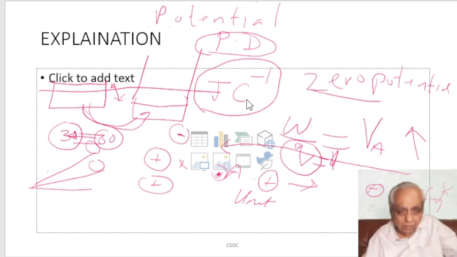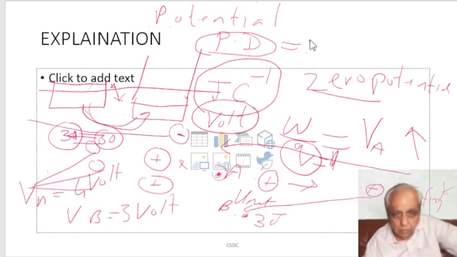So that would be 4 volt minus 3 volt, which gives you 1 volt. So the potential difference between A and B is written as VA minus VB.